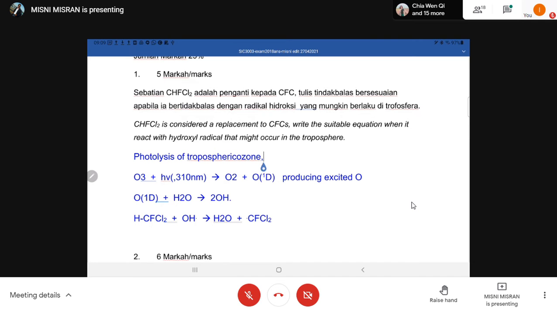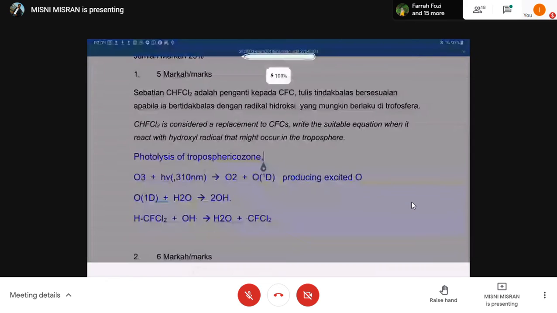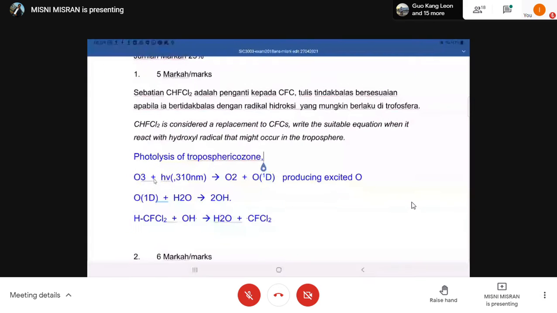I forgot, it is actually a Word document. Sorry about that. So it's O3, subscript 3.